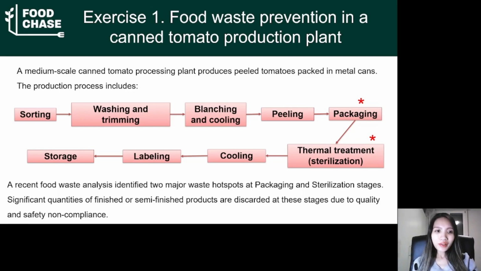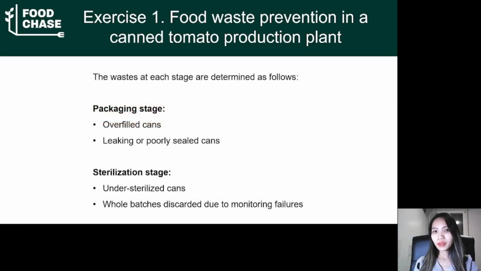A recent food waste analysis identified two major waste hotspots at packaging and sterilization stages. Significant quantities of finished or semi-finished products are discarded at these stages due to quality and safety non-compliance. So at this point, we can assume that the identification and also quantification of waste were already done.